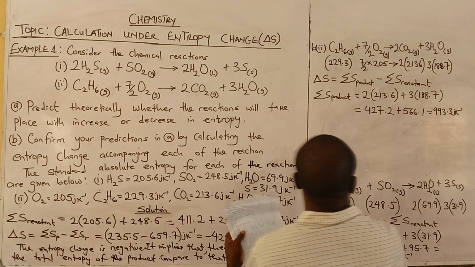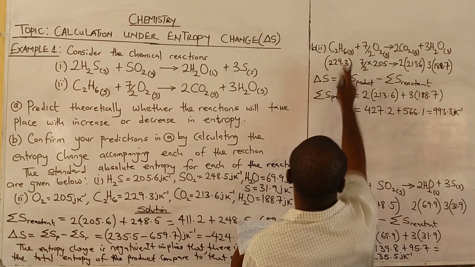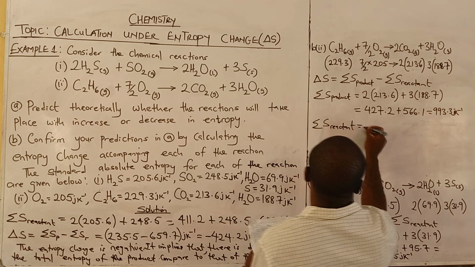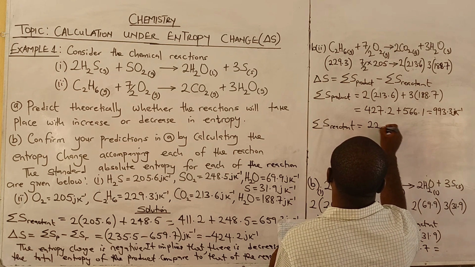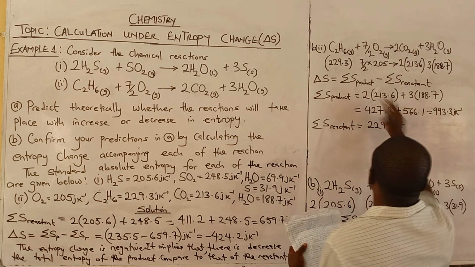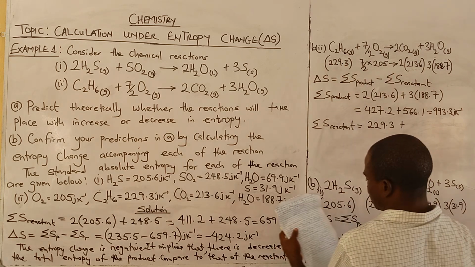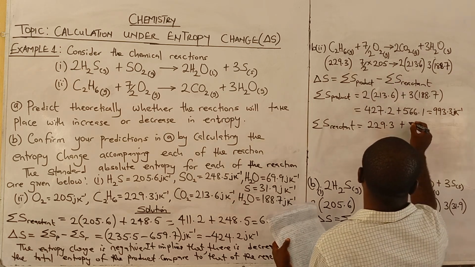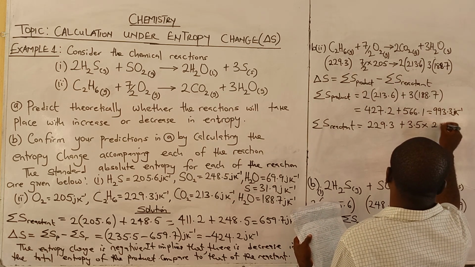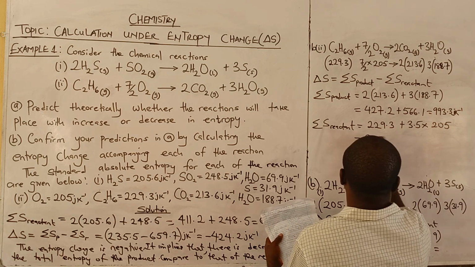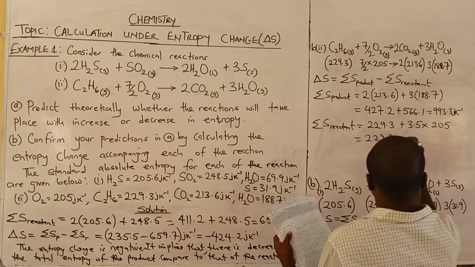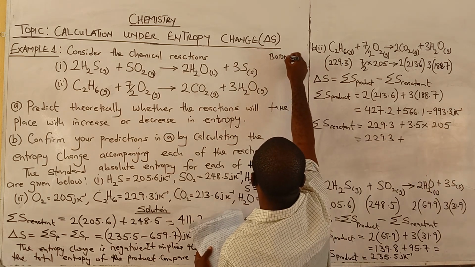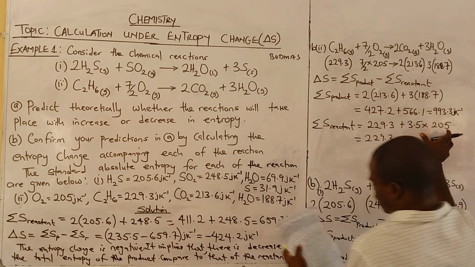Okay, now let's get that of the reactant. Summation of the entropy at the reactant equals 229.3 plus 7 times 205 divided by 2. Let's first divide: 7 divided by 2 is 3.5 times 205. Multiplication comes before addition, that's why we have to multiply first.